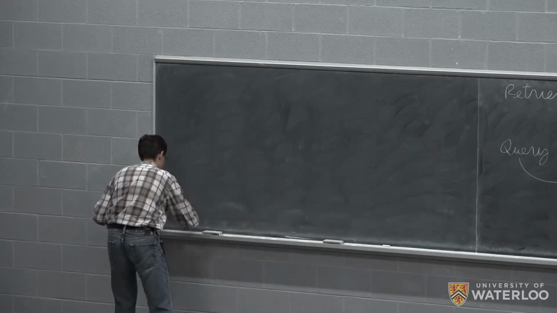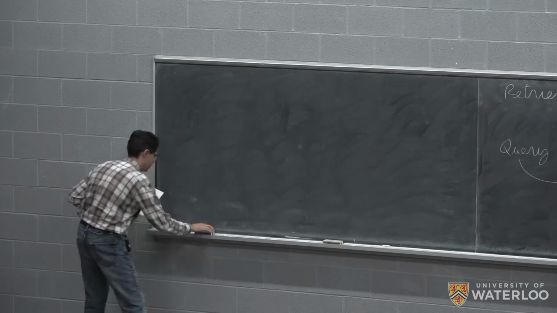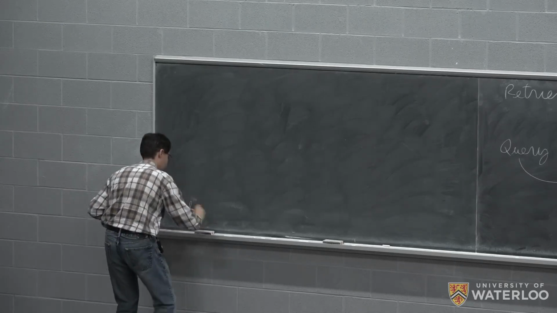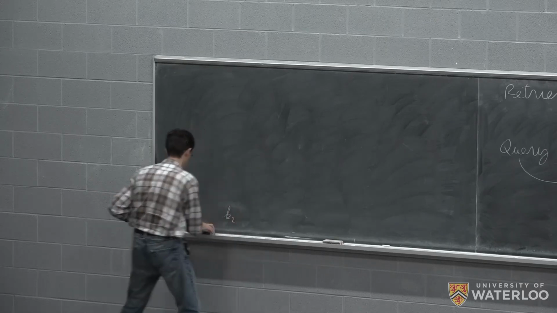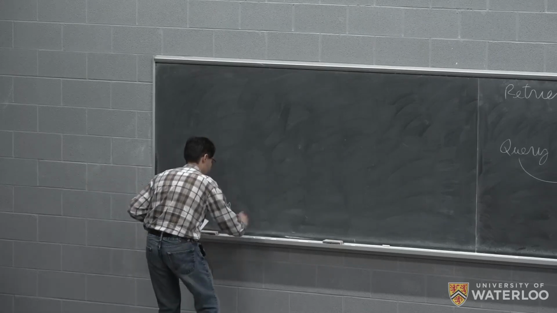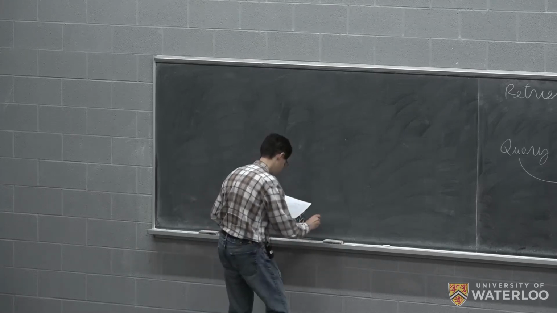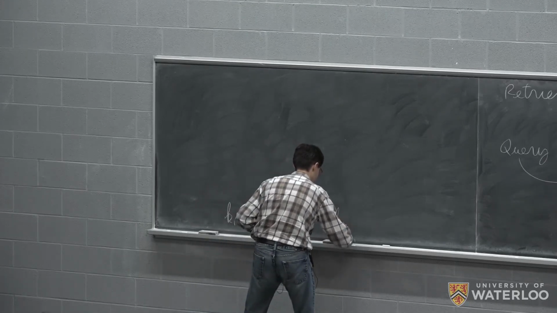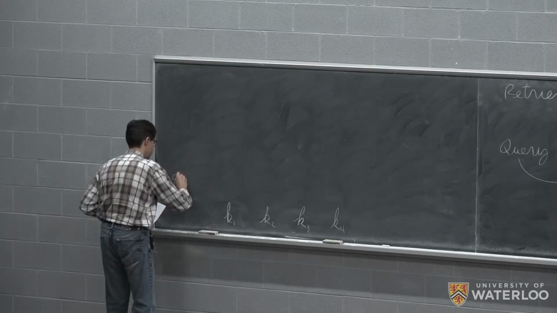Okay, so let's say that I've got key 1, key 2. Actually, let me shift this a little bit. Key 1, key 2, key 3, and key 4. We're going to have our query.